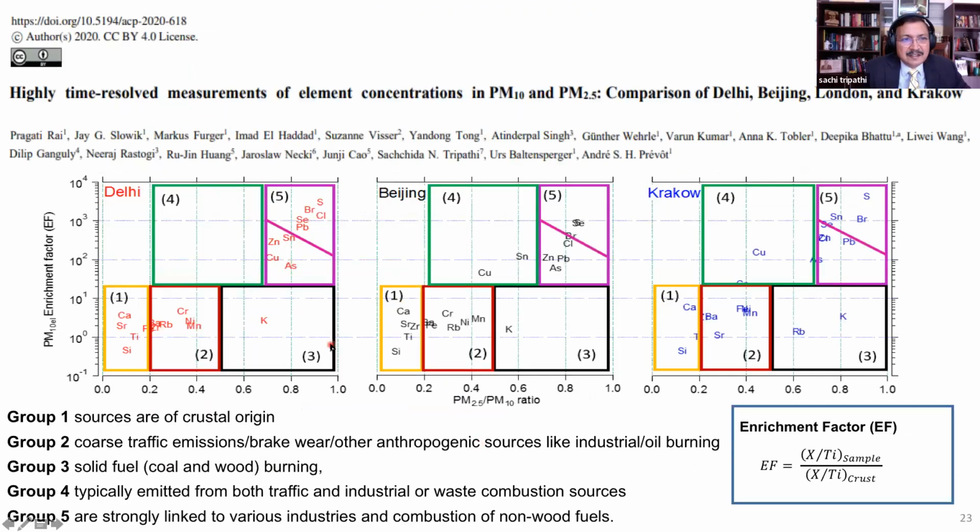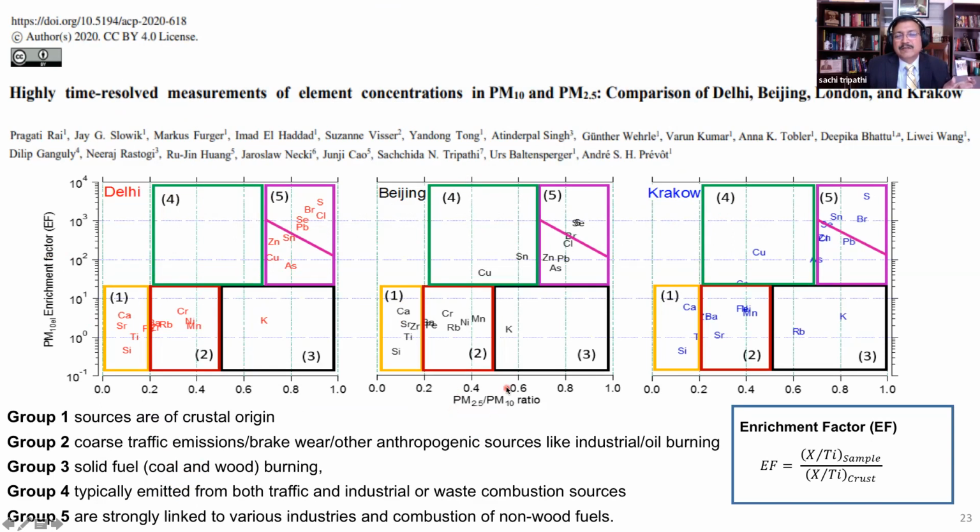This is again an interesting work. What was done here is that common period data, which was also available from Beijing and Krakow and Delhi, of both PM2.5 and PM1 metal from the monitor was arranged across 2 axes.